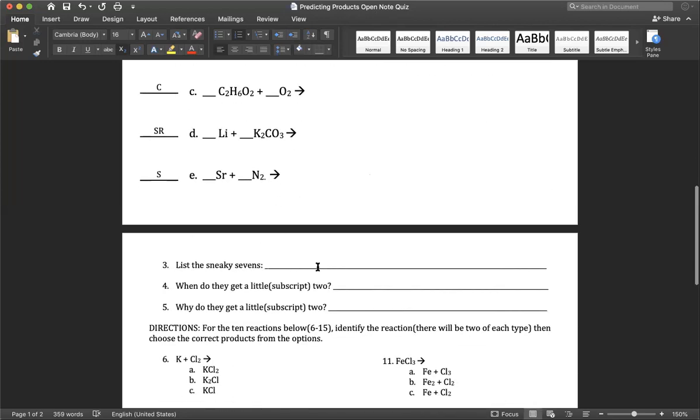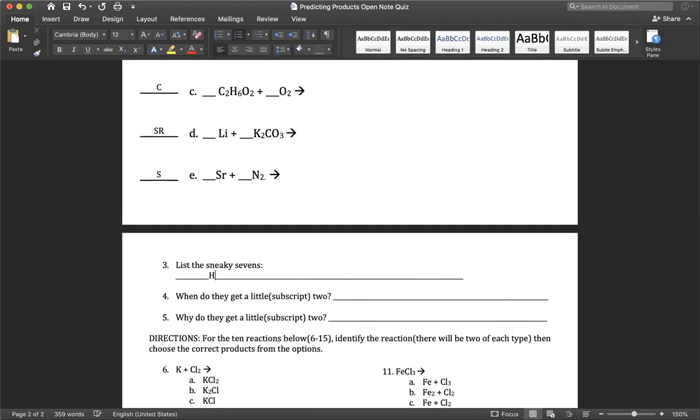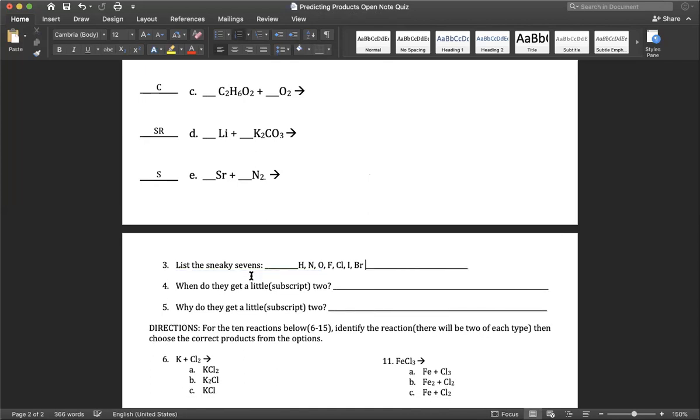The 7 elements that are sneaky 7s are H, N, O, F, Cl, I, and Br. I think that's 7. 1, 2, 3, 4, 5, 6, 7. And when do they get a little subscript 2?